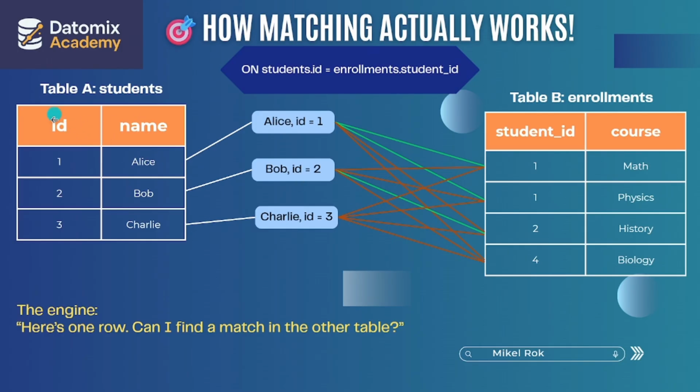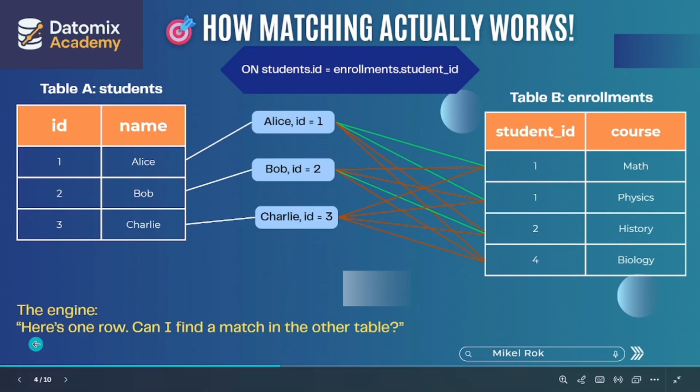If it's an inner join, it will skip him, and if it's a left join, it will keep Charlie but fill the values with null. We will talk about this later. The engine is literally saying in this scenario, here is one row, can I find a match in the other table? The engine will try to answer this question.